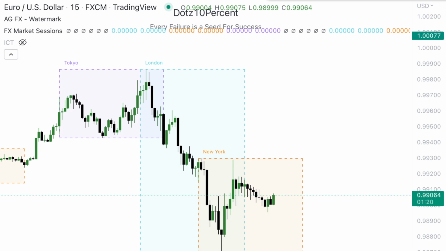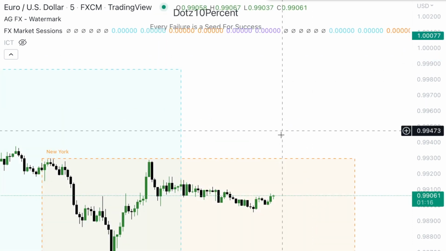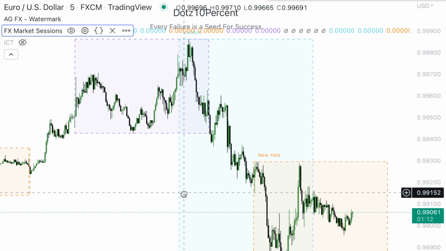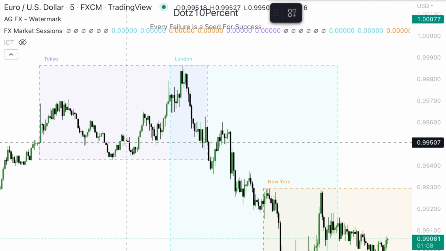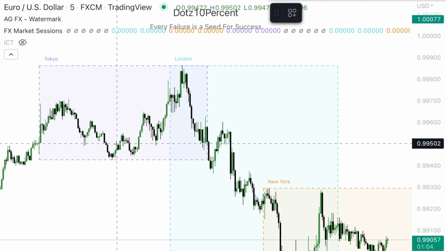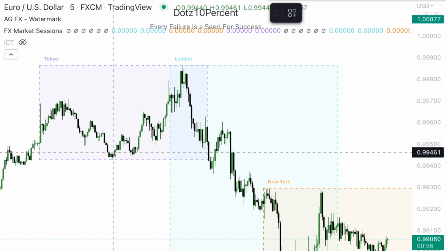What else did I speak about? I said New York midnight price, right? So if we come on our chart, we find the midnight candle. It is this candle.